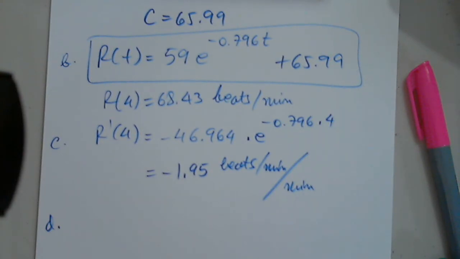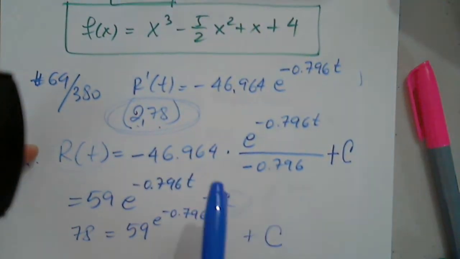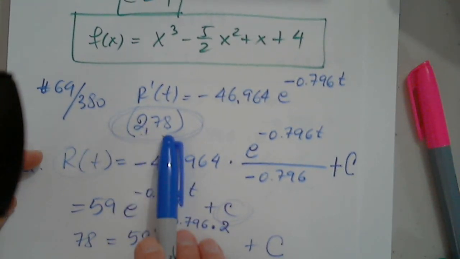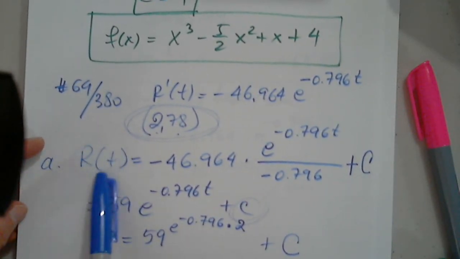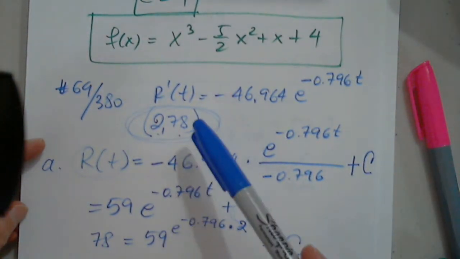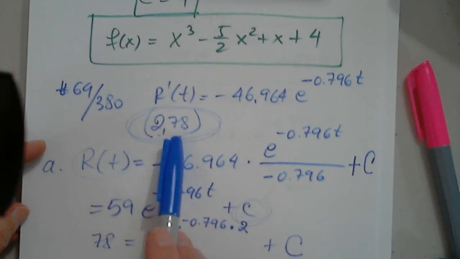So like we had before, let me stop sharing for a second. Here we had a point, 2,78. So we have to determine her pulse after, I don't know, maybe half an hour, 20 minutes, maybe an hour. So 60 comma something.